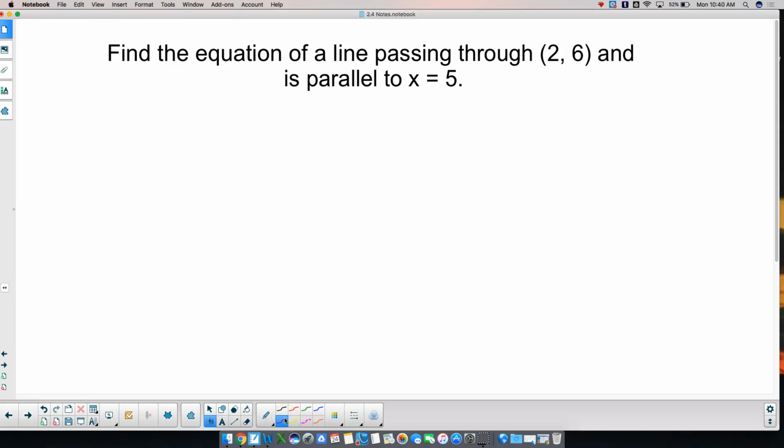Okay, so step number 1 says we got to find the slope, right? Well, what is the slope of the line x equals 5? What is that slope? What type of line is x equals 5?